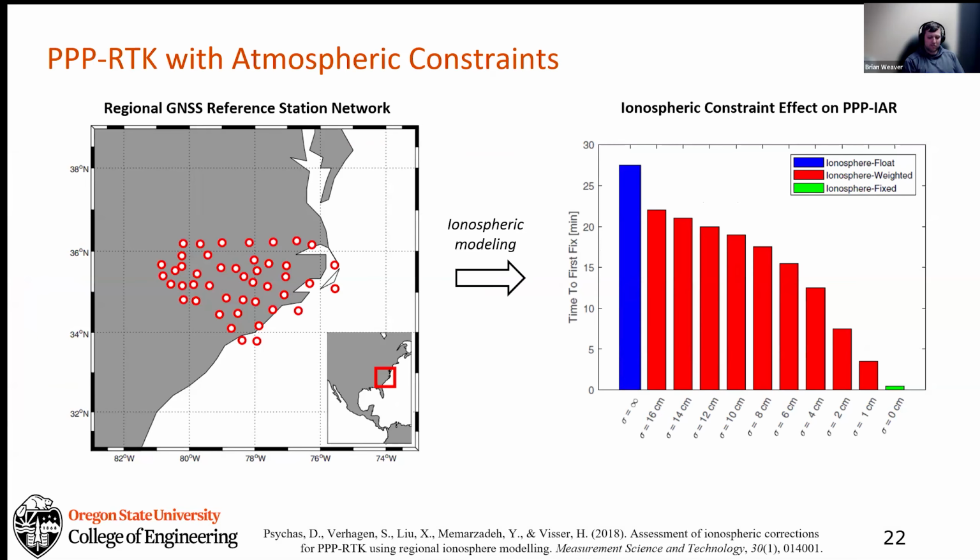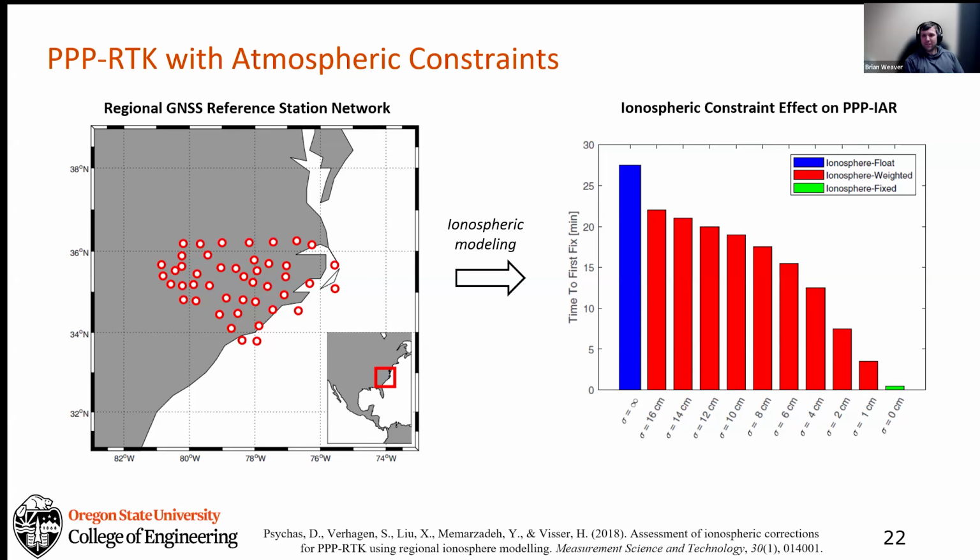I started my talk off with showing the GNSS positioning spectrum, but even within the topic of PPP, we have a spectrum and many flavors of PPP. There's the traditional or conventional PPP with float ambiguities. Then there have been efforts in recent years to do the same thing, but with fixed integer ambiguities.